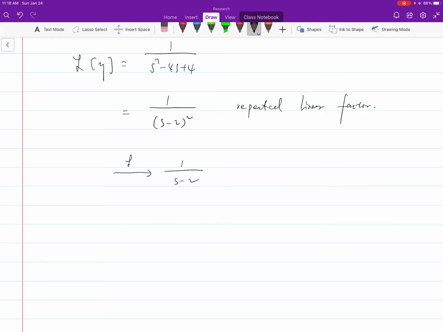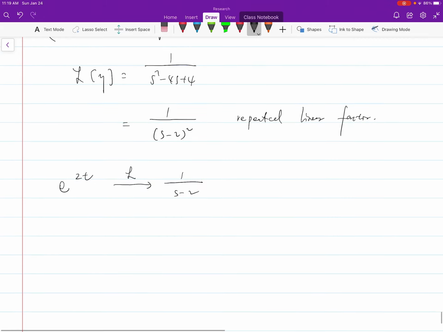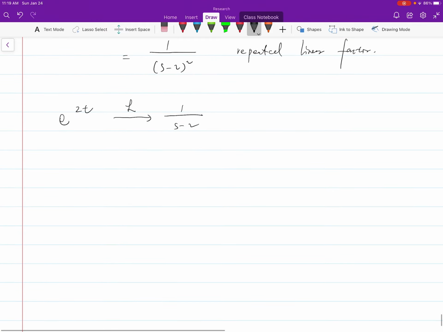Okay, that's the Laplace transform of e to the 2t. All right. What's the relation between these two? And hopefully that will give us some hint as to what will be happening on the other side.